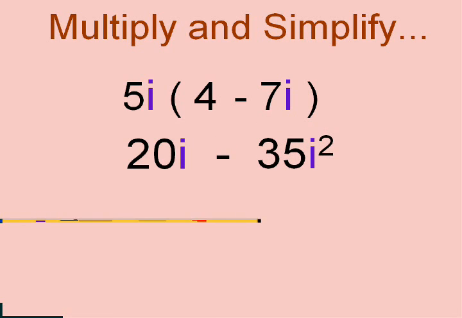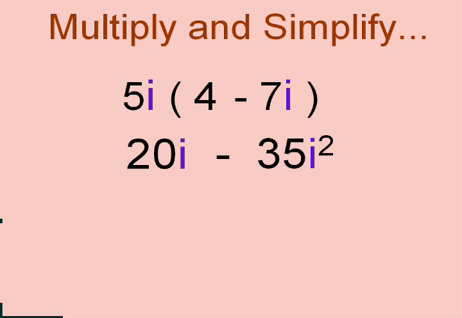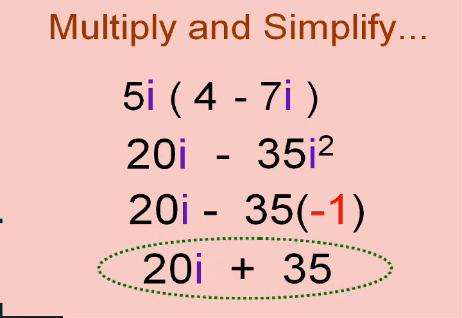Now wait a minute. i squared is negative 1. We have to always have i to the first power. So we'll simplify that, and we'll get negative 35 times negative 1, or positive 35. And now we have our answer.